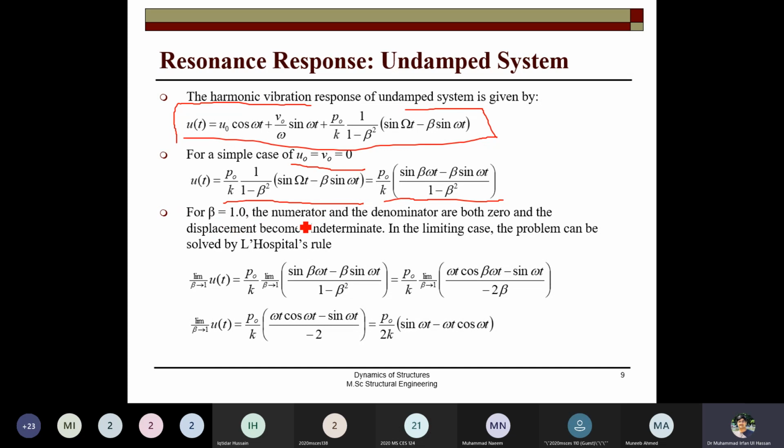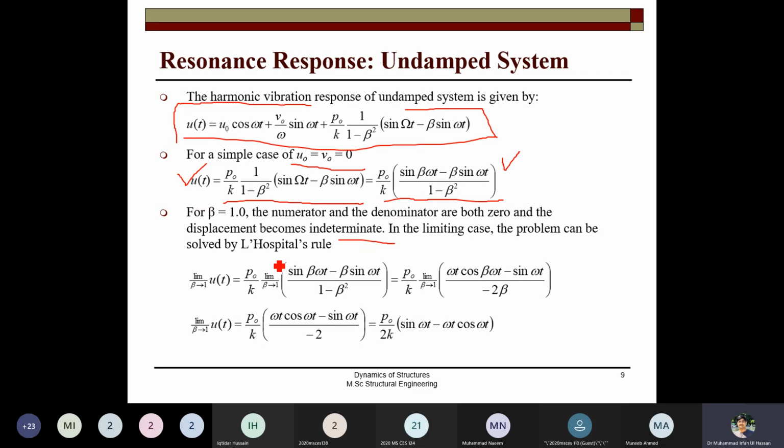Now for beta equal to 1, the numerator and the denominator are both 0. If beta becomes 1, it will be 0, and the displacement becomes indeterminate because 0 divided by 0 is indeterminate. It is a resonance condition and we cannot compute the value unless we use L'Hospital's rule.